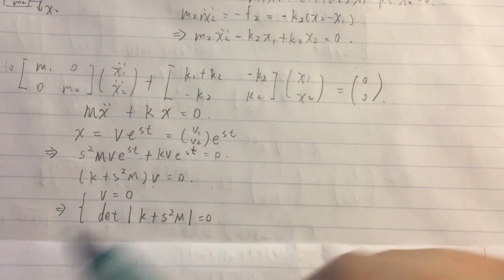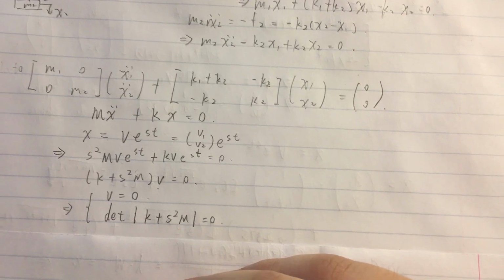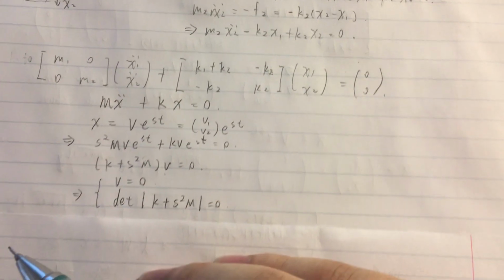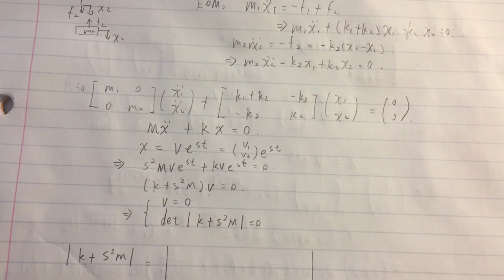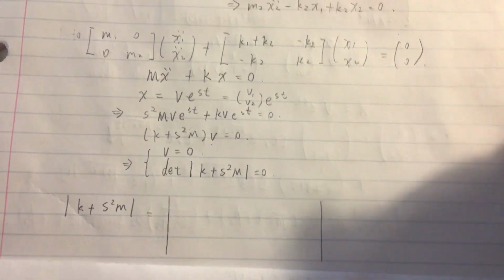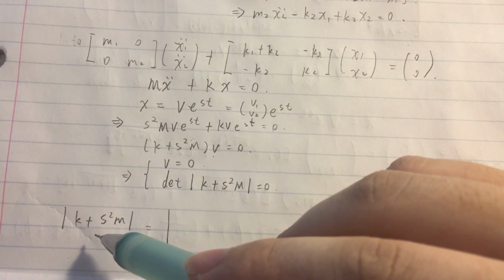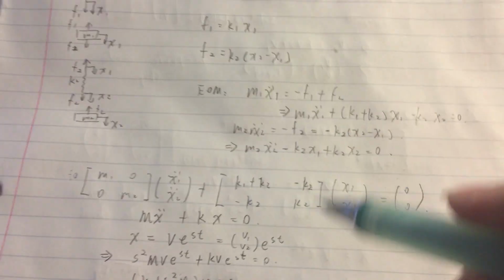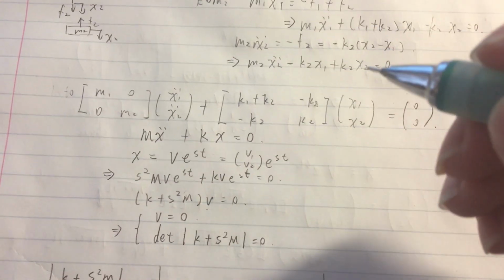So v equals 0 should be ignored, and we just need to figure out the second condition. First, we need to write down the matrix of K plus s squared M, writing it from the previous form and combining it.